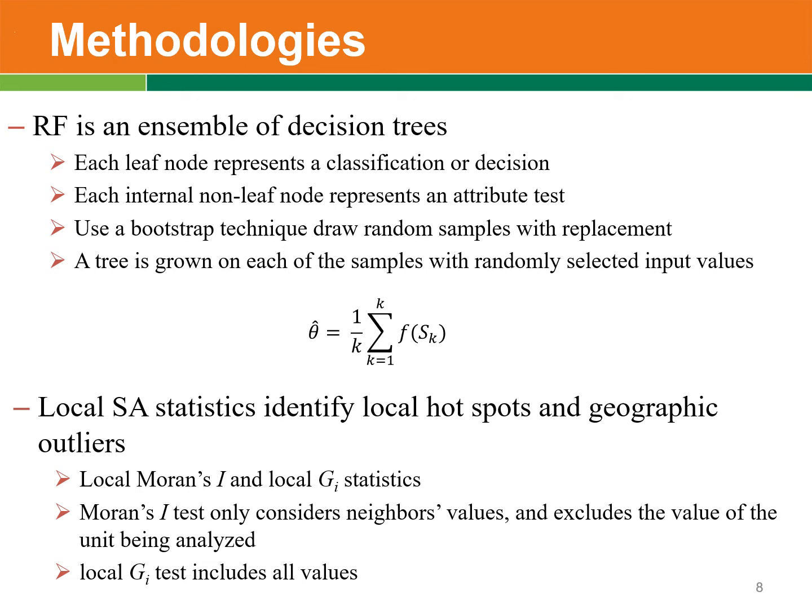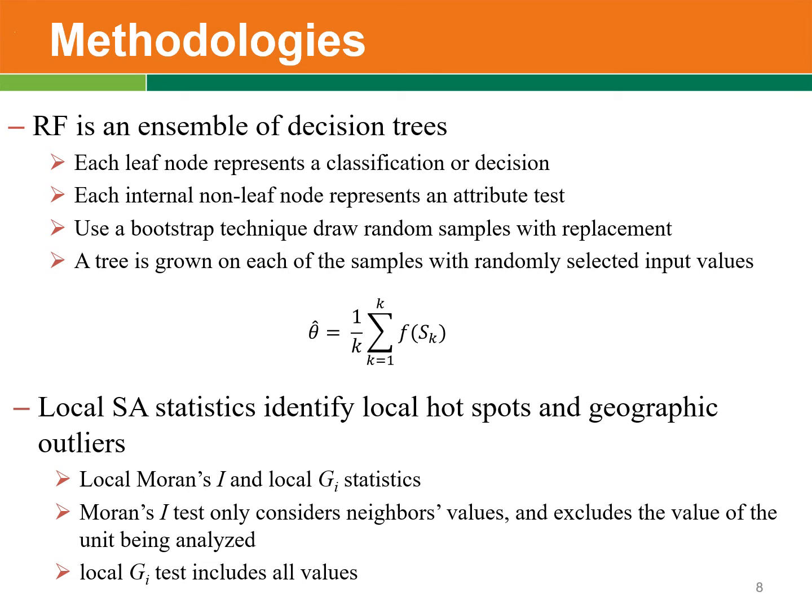A tree can then grow on each of the samples with randomly selected input values. Suppose there is a housing price training dataset denoted as S, and K different random samples denoted as SK. The final predicted house price can then be computed with these formulas, which is an average of the predicted value of each tree.